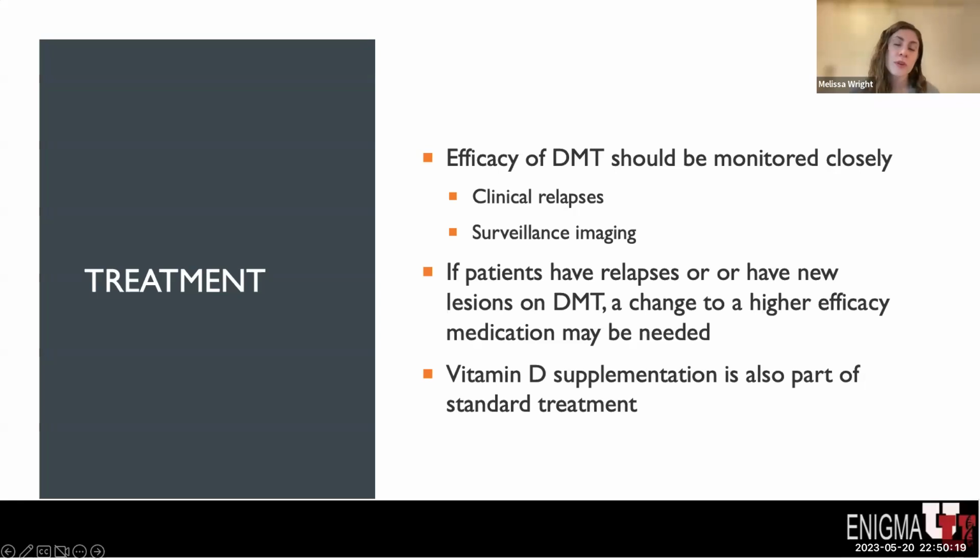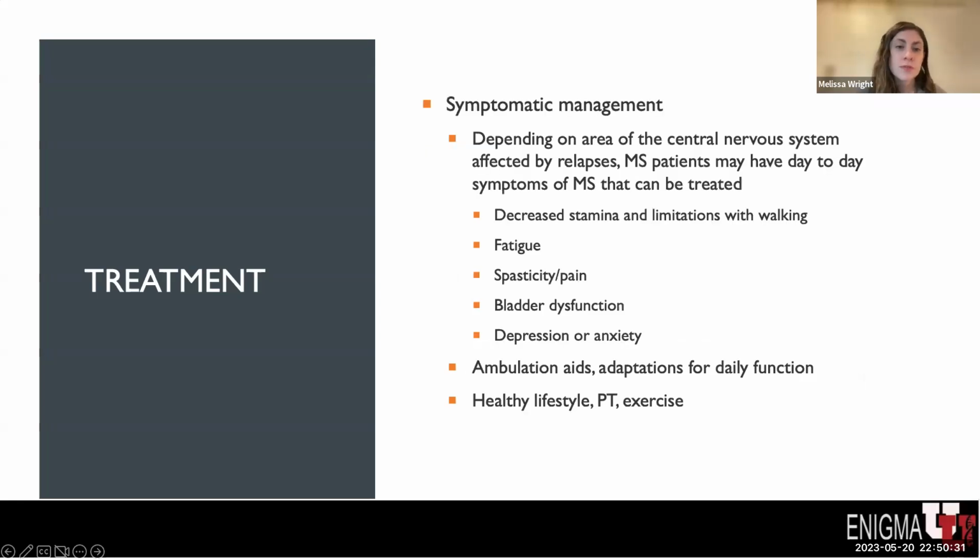Additionally, as part of our treatment of multiple sclerosis, vitamin D supplementation is utilized as part of standard treatment, as we know that low vitamin D levels confer a higher risk of demyelination and relapses. In addition, we also like to think about symptomatic management. These patients can have pretty significant neurologic symptoms that interfere with their day-to-day lives.